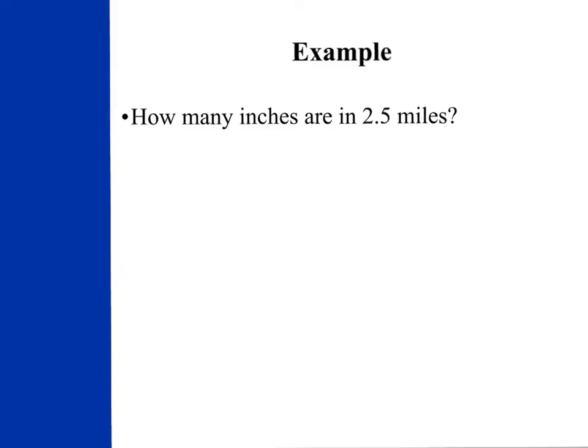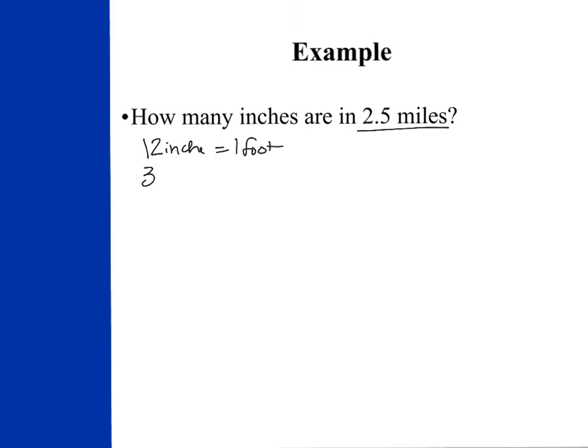Let's look at an example. How many inches are there in 2.5 miles? When I'm faced with a problem that looks like it's going to involve unit conversions, I start writing down all the different unit conversion factors that I know involving the units given. So in this case, I know that 12 inches are in 1 foot.